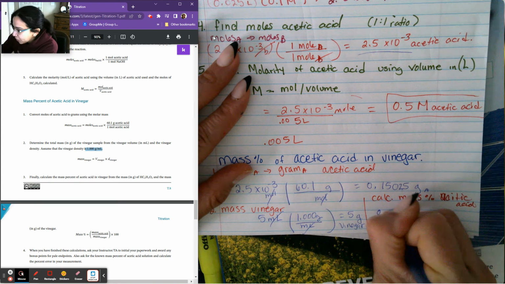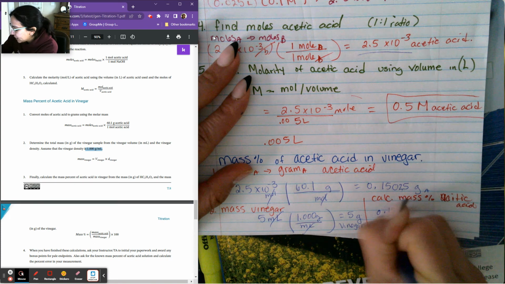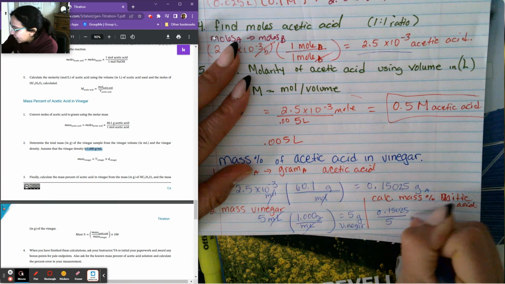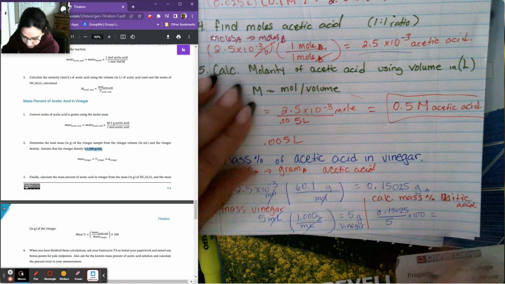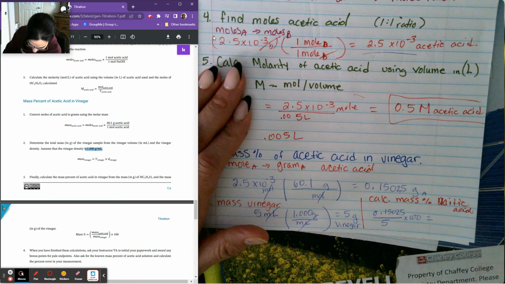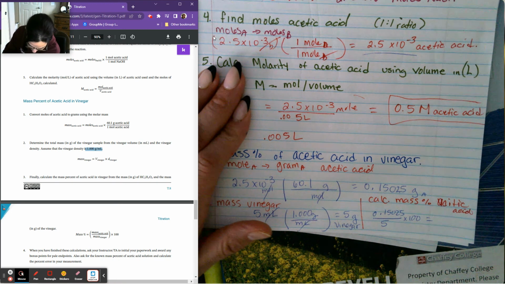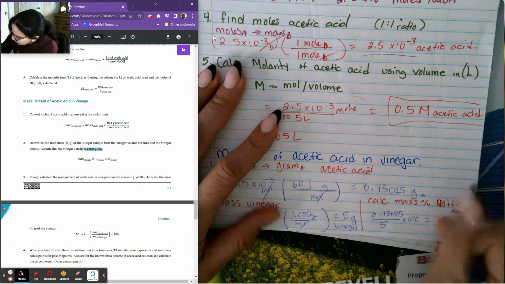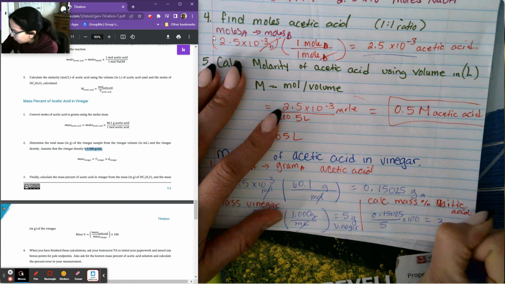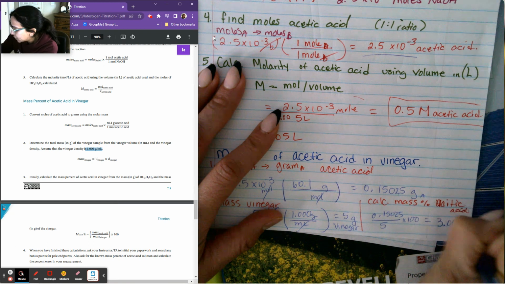So it's 0.15025 divided by 5, and then we're going to multiply that by 100. So take this number, divide by 5, and I get 3.00%.